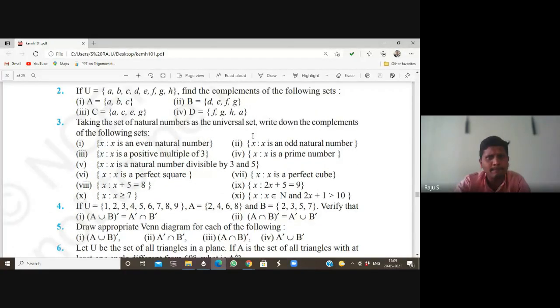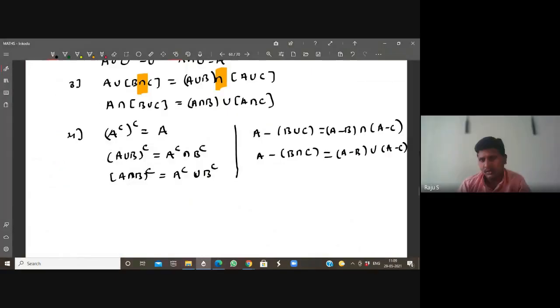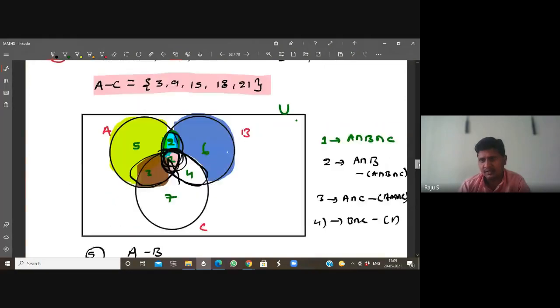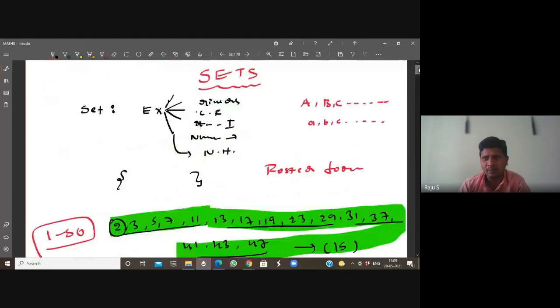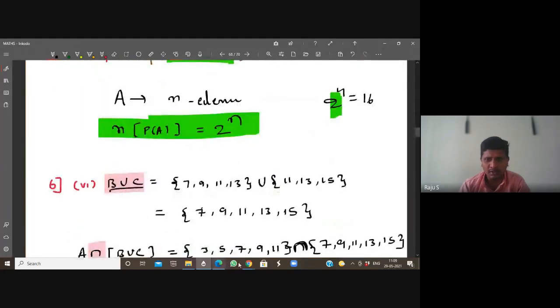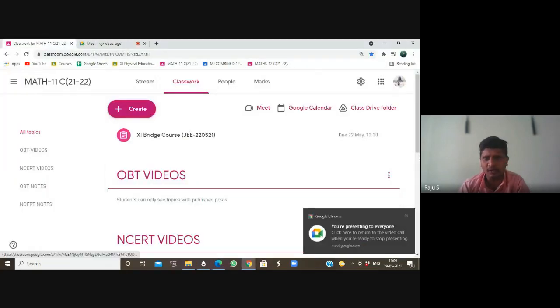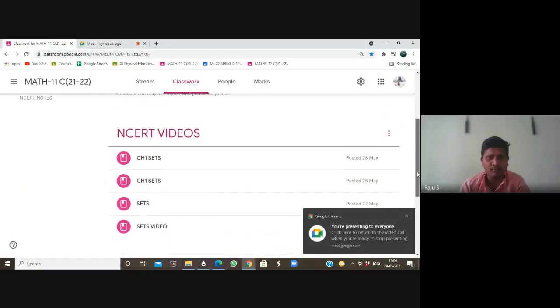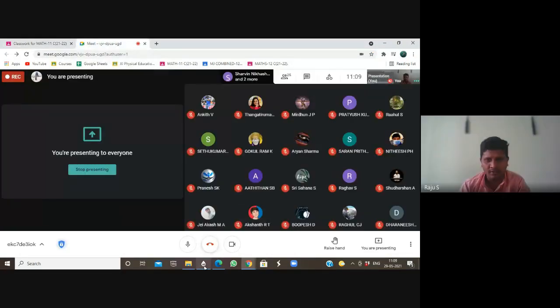Sir, can you show the formula sheet once again, sir? I didn't send this slide to you yesterday, but I posted the recorded videos. You can go through that. Did you observe that? Yesterday I posted that video, in the NCERT folder. Fine, students.